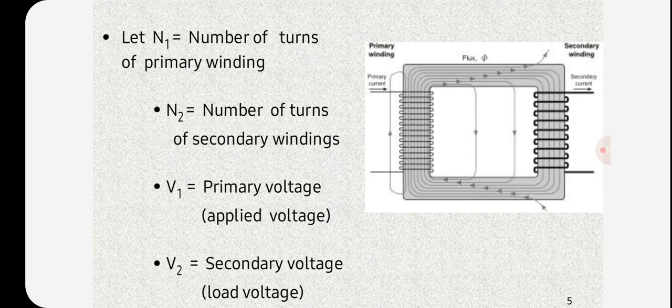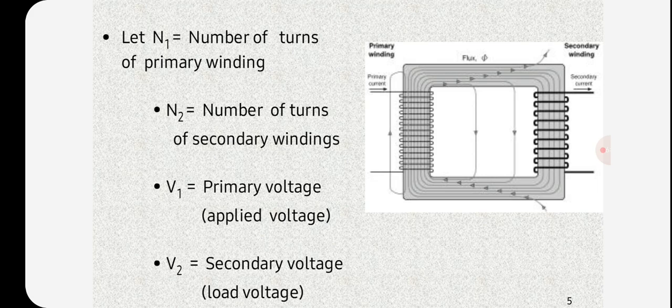In the secondary, N2 is the number of turns in the secondary winding. E2 is the induced EMF in secondary or mutual induced EMF in volts. I2 is the secondary current in amperes.